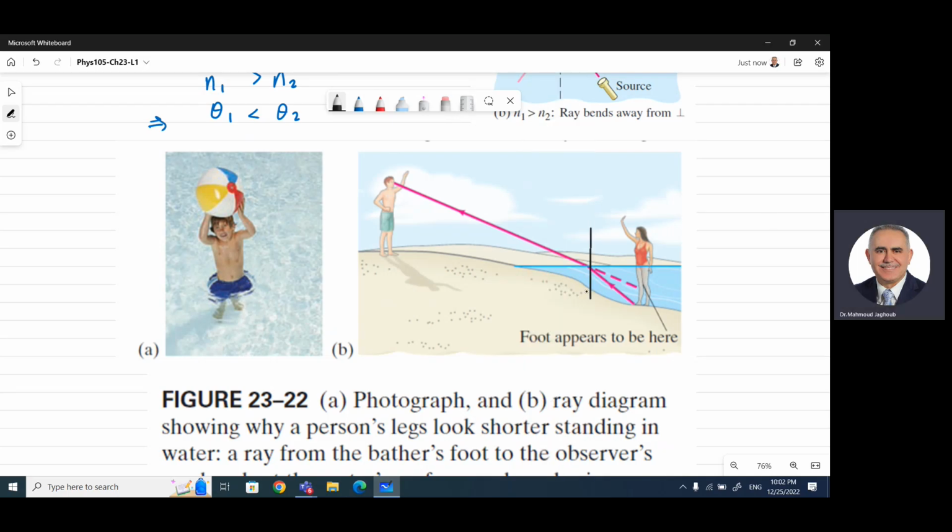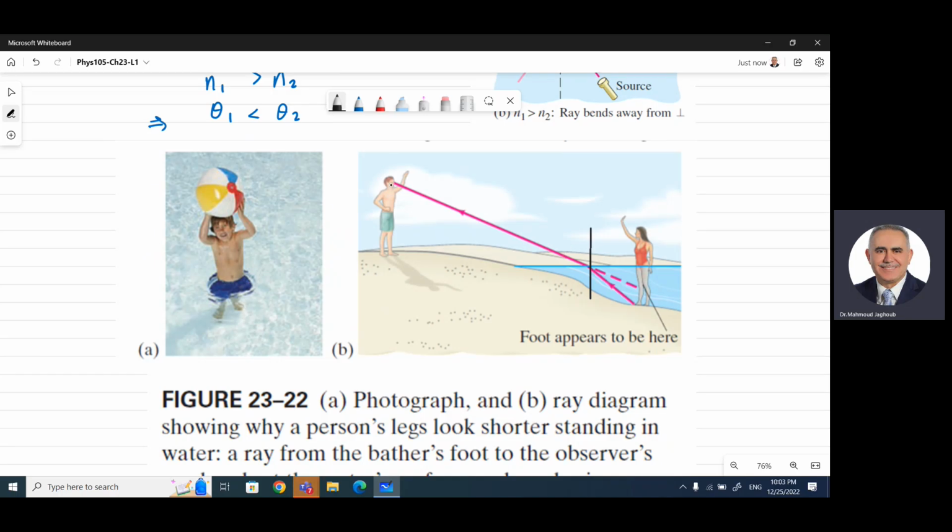Okay, so this is the normal. Light falls like this. It goes from water with a high index of refraction into air with a low index of refraction. So the refracted ray will bend away from the normal. Notice? It will bend away from the normal.